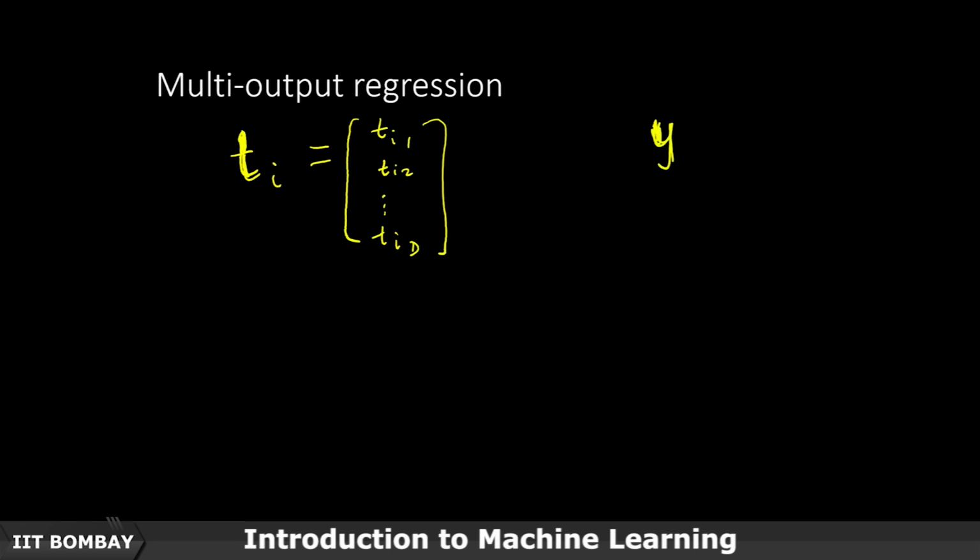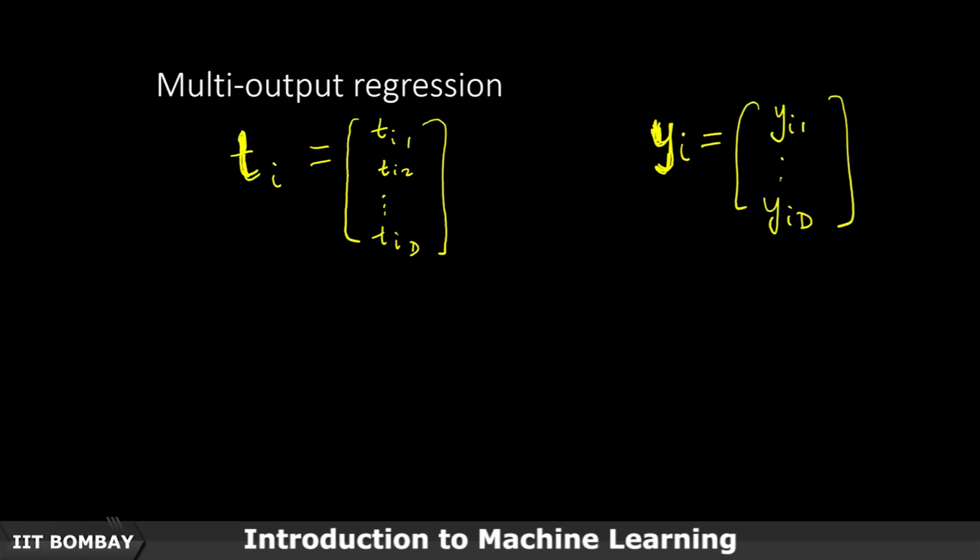So this is also bold, and we have yi. Between yi and ti, we want to reduce the difference, and now it is not going to be a scalar difference alone. We have yi also as a vector, which is yi1 all the way up to yiD.